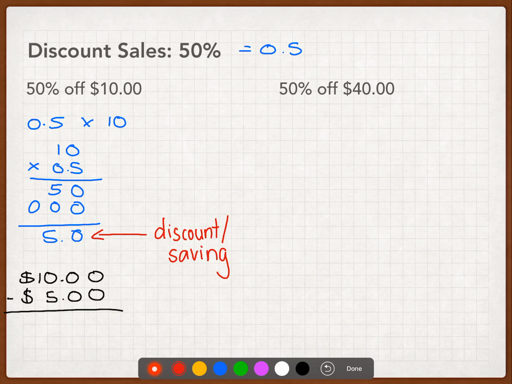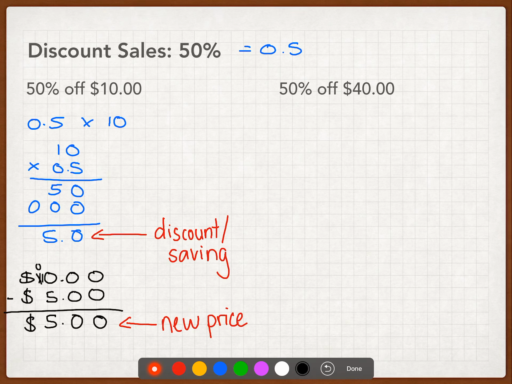That will help our calculation. So 0 takes 0, 0 takes 0, decimal, and we're going to need to carry: 10 take 5 is 5. Now we have found the new price. So this is now the price you would actually pay for the item.